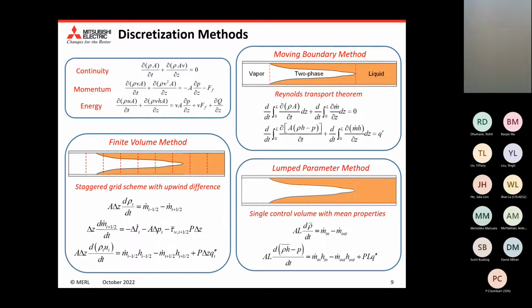The moving boundary method presents a lot of challenges in terms of model structures, because sometimes you have no vapor phase, for instance in the evaporator, and sometimes you have no liquid phase in the condenser.